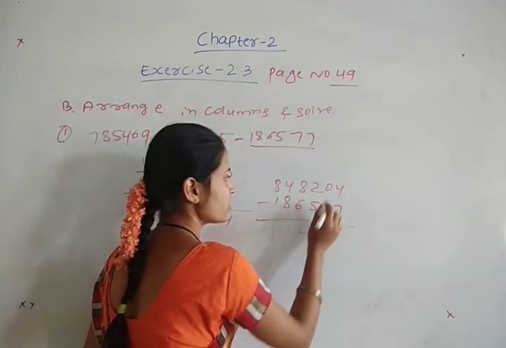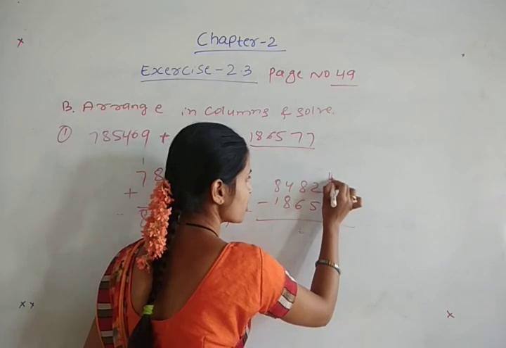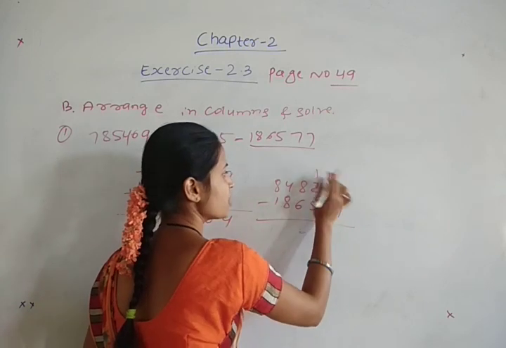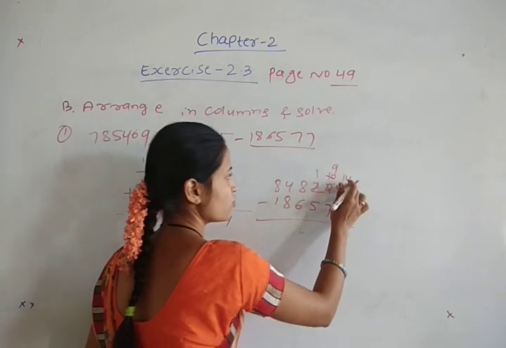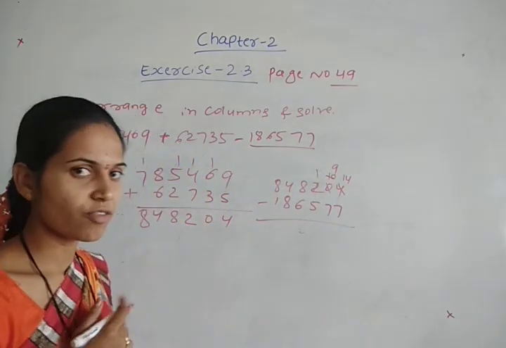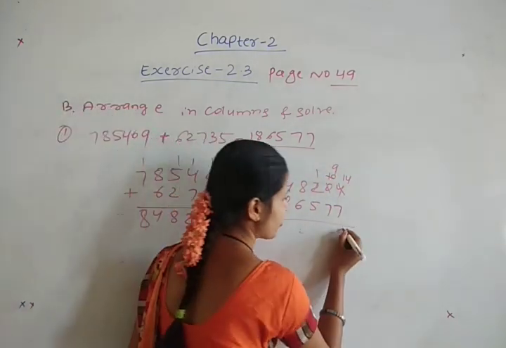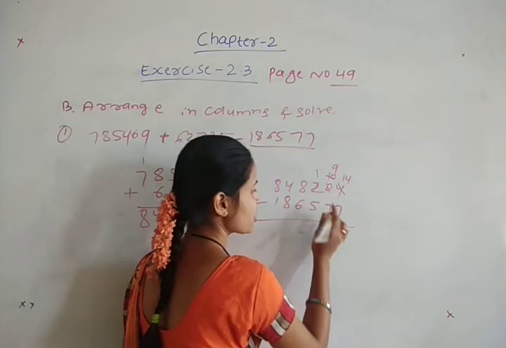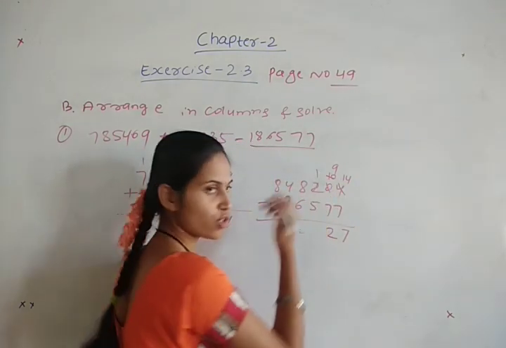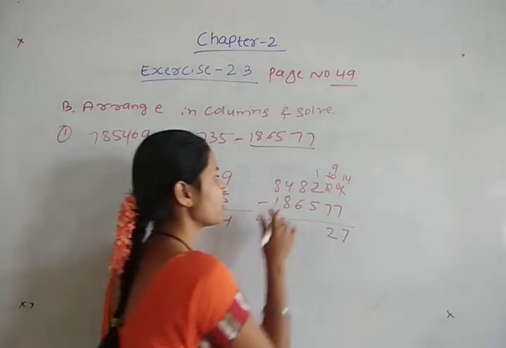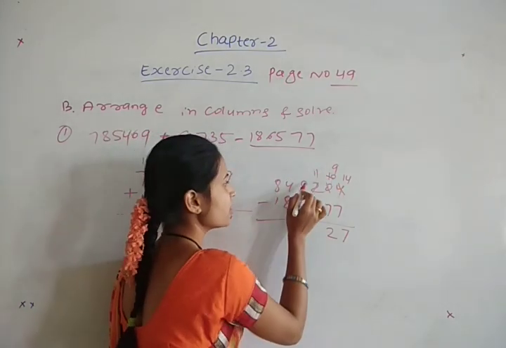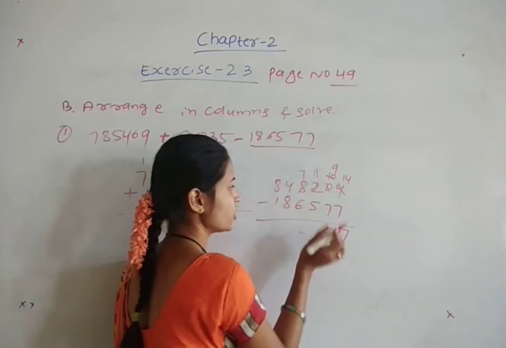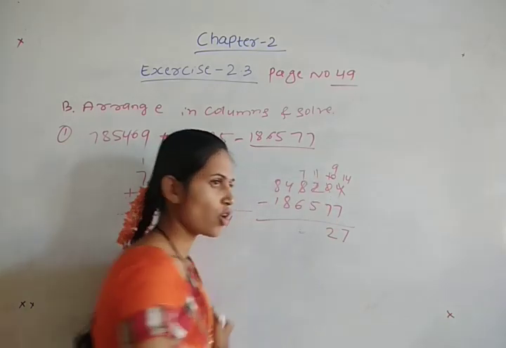Now 4 minus, we have taken 1 borrow, now this becomes 10, here we are left with 1. From this if I take 1 borrow, this 4 becomes 14, here we are left with 9. Now 14 minus 7, if you subtract 7 from 14, you will be left with 7. Now 9 minus 7 is 2. 1 minus 5 is not possible. For that I will take 1 borrow from this 8, now this 1 becomes 11, here we will be left with 7.